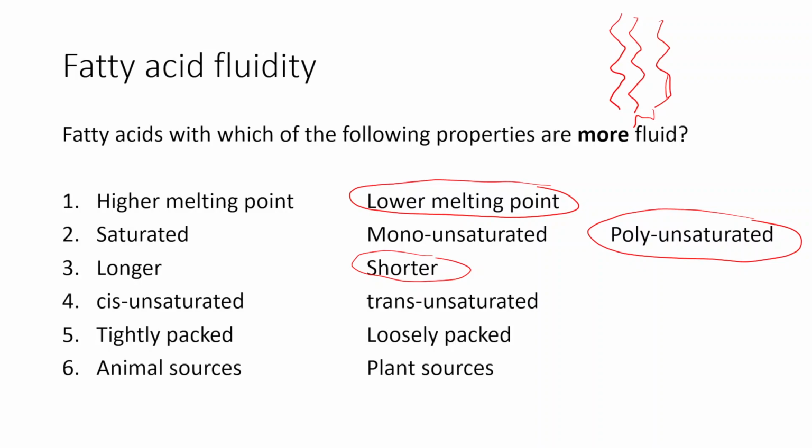All right, so number 4, cis or trans unsaturated. Yeah, exactly. And that's for the same reason we just described. If it's cis unsaturated, you might have a really big bend that makes the fatty acid turn the other direction compared to a fatty acid that is in the trans configuration. It will resemble a saturated fatty acid more and be able to pack relatively more tightly than a cis.